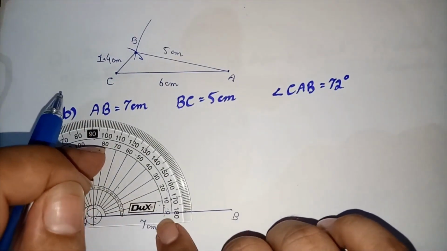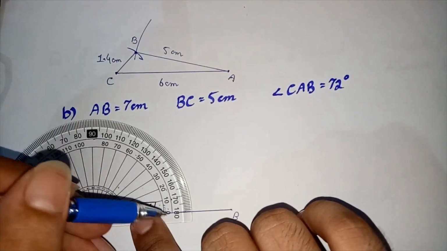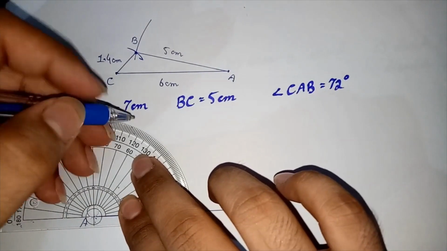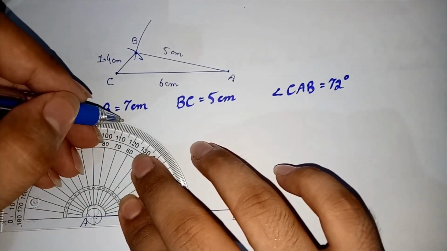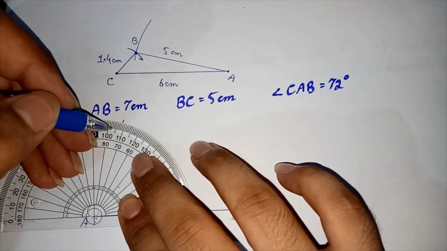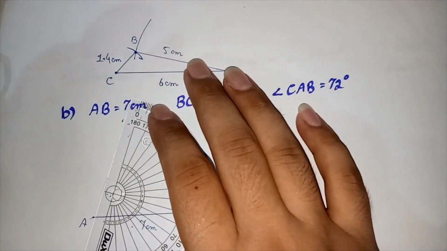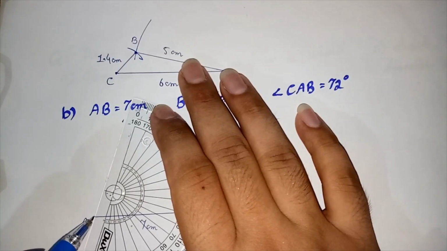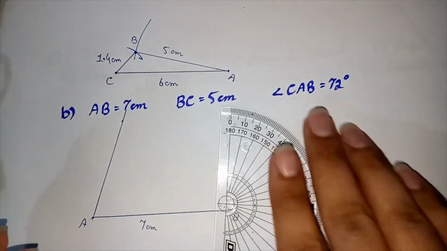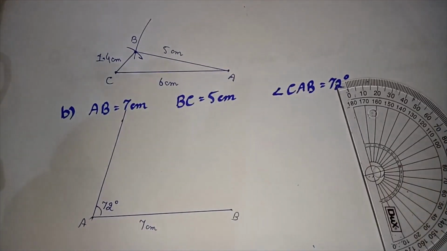We will start counting from this 0 because this one is our baseline. Okay, so we will use this 0. Here we have 70 and 72 degrees. It means 2 degrees more than 70. So here we have 70 degrees, so here we have 71 and 72. So I will draw a mark here. Okay, and now we will join these 2 points. Just like this one, so that this angle will be of 72 degrees.